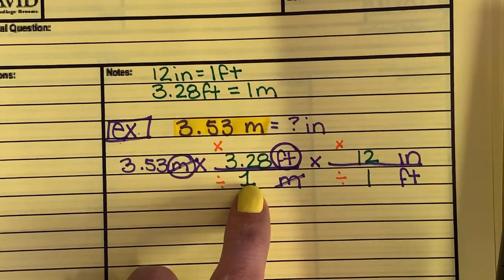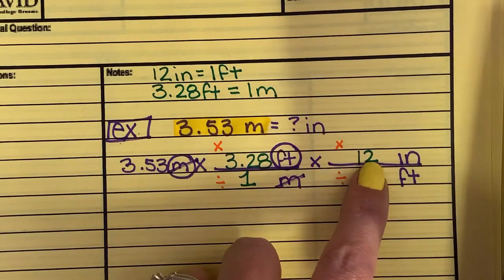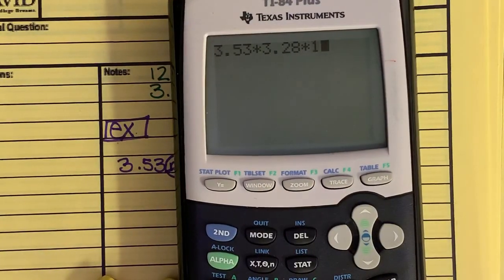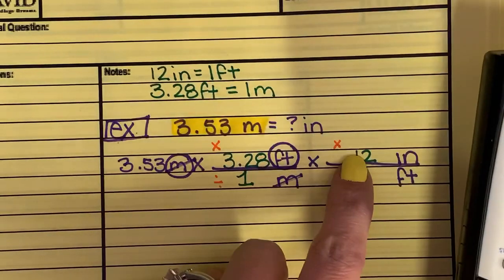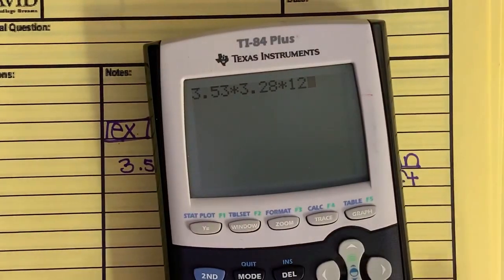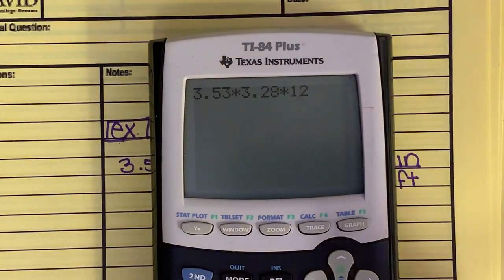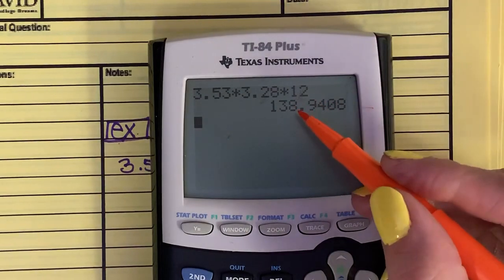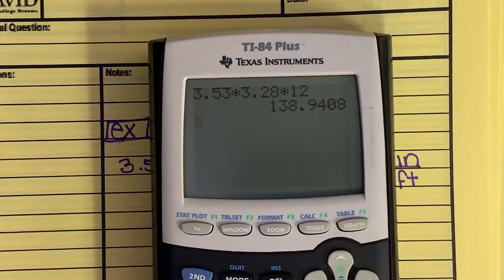Any number divided by 1 stays the same, so I'll ignore that, times 12. Any number divided by 1 stays the same, so I'm going to ignore that. So I've got 3.53 times 3.28 times 12, and I get 138.9408.